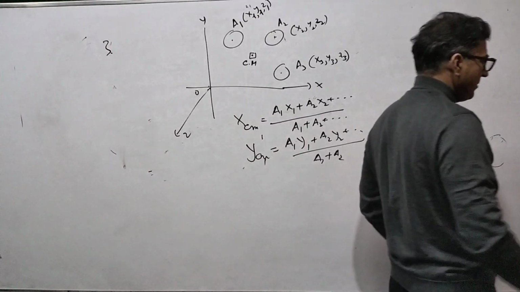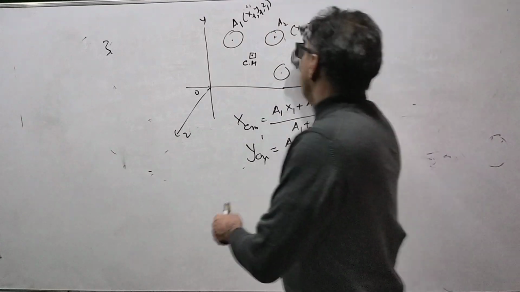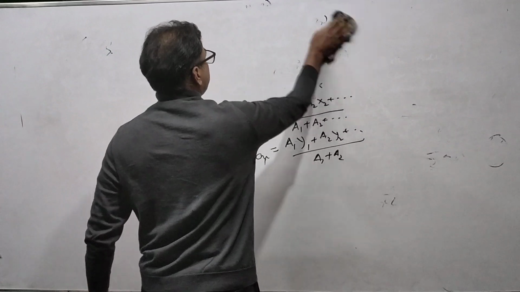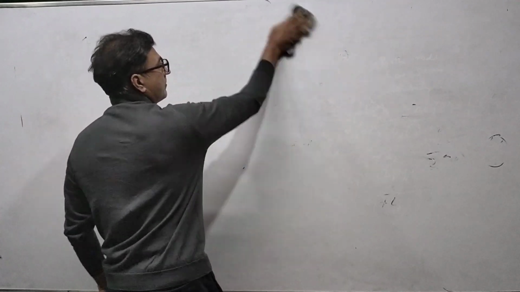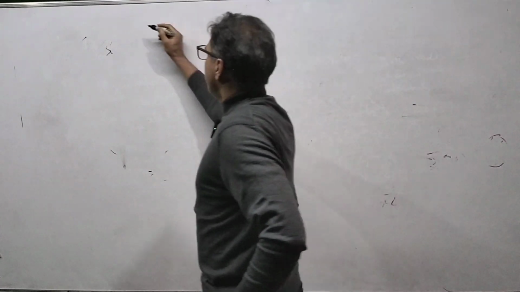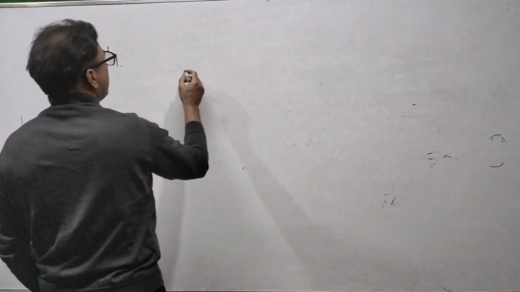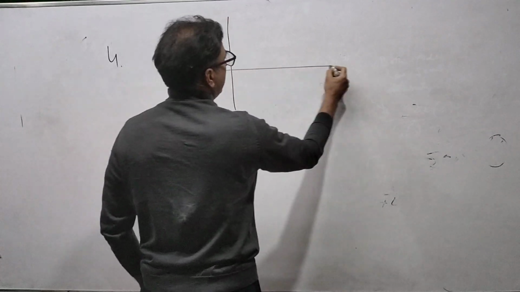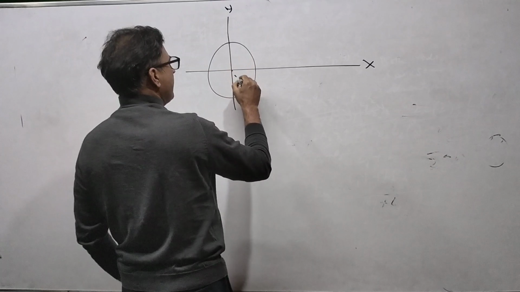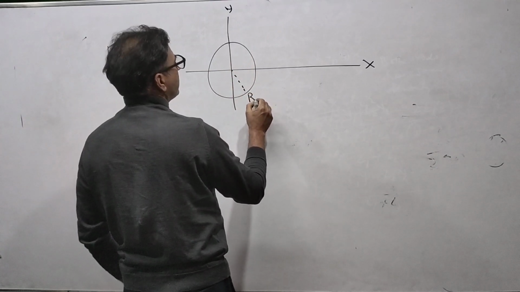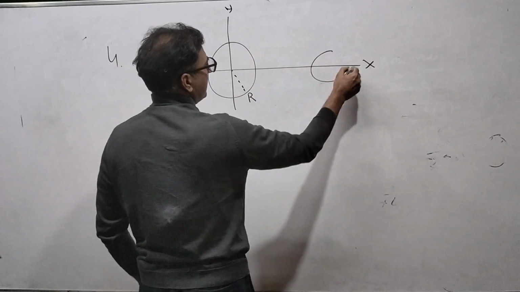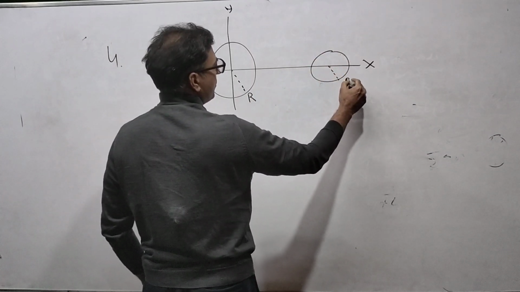So what should I do? Fourth point. It is x, it is y. There is a disk here of radius r. There is a disk here of radius r by 2.